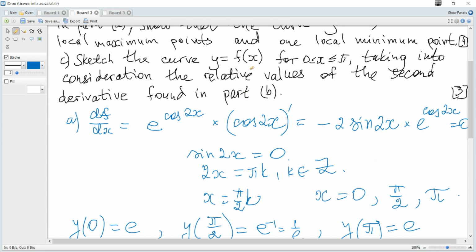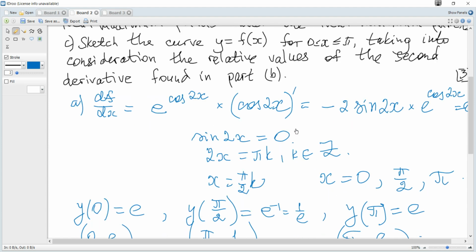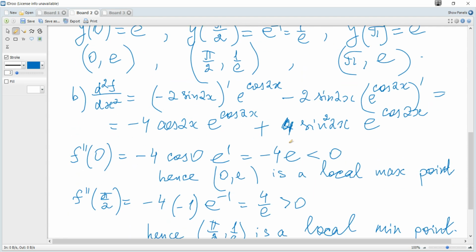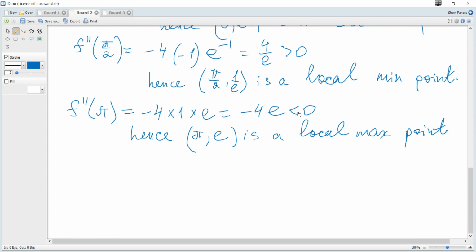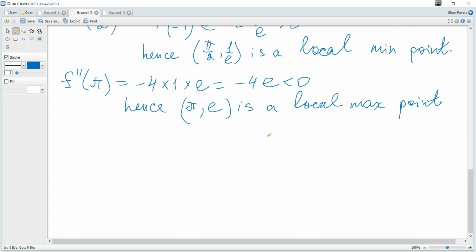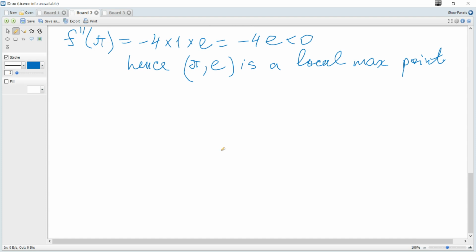It's the derivative of the first derivative, and the first derivative shows the rate of change, and we know that rate of change is the gradient or tangent, and hence the second derivative shows how quickly or how rapidly the gradient changes. And also the second derivative tells us whether it's concave up or concave down.